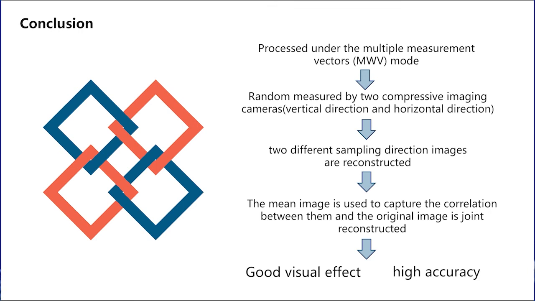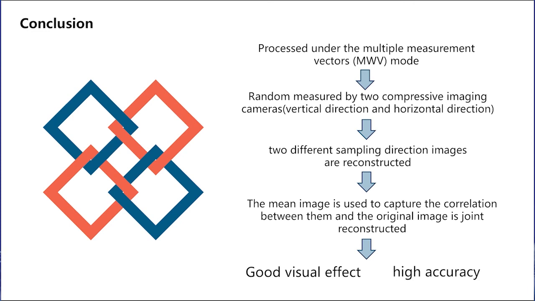After these two different sampling direction images are reconstructed, the mean image is used to capture the correlation between them, and the original image is jointly reconstructed.